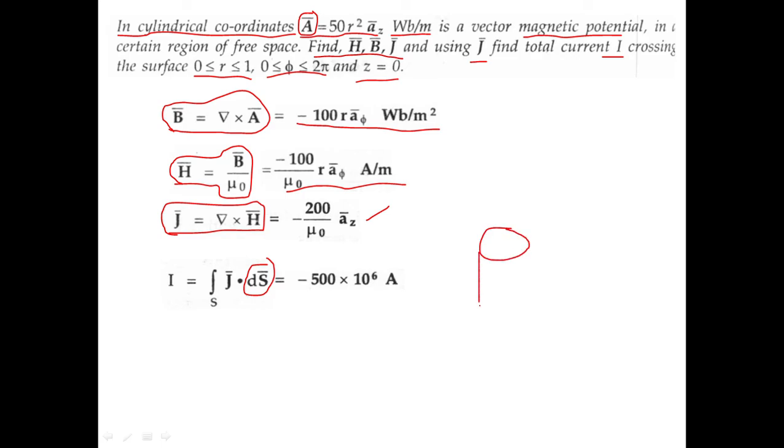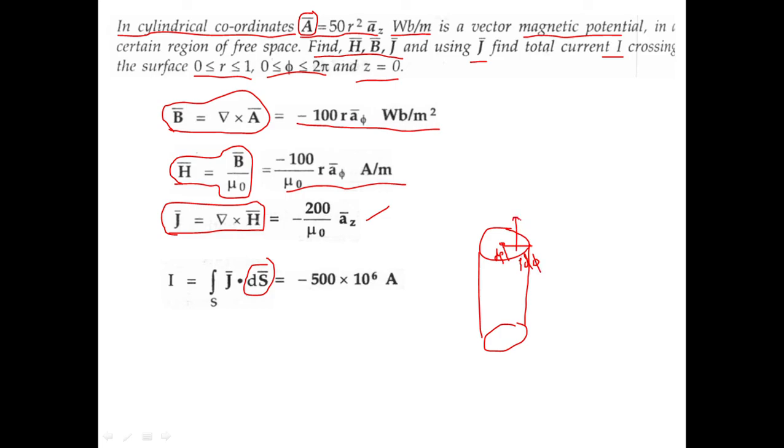If this is a cylinder, this is the surface where we have Az cap. When you take this surface, this will be d rho and this will be rho d phi, and the unit vector will be Az cap.